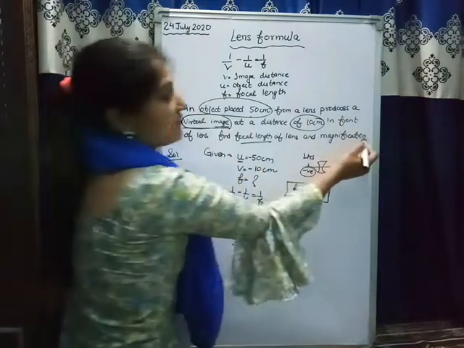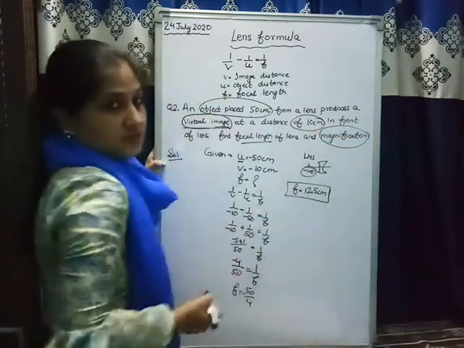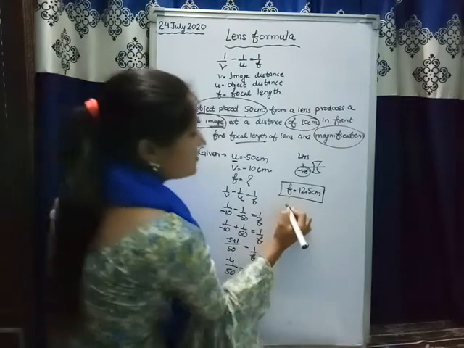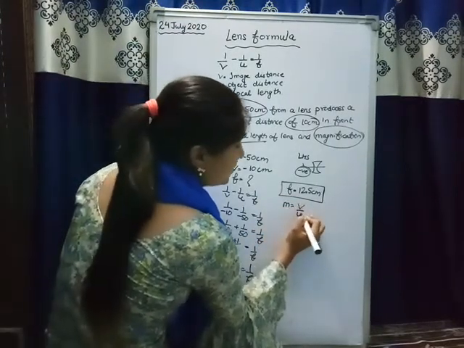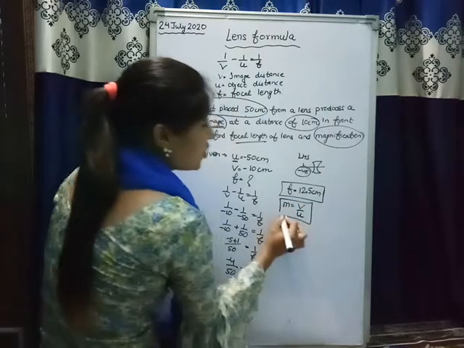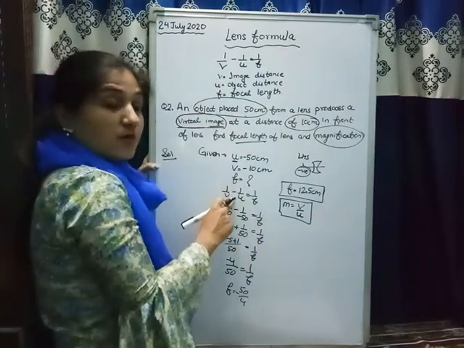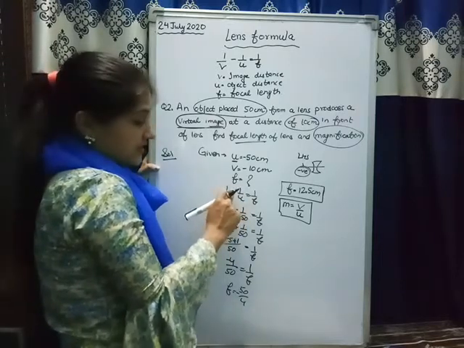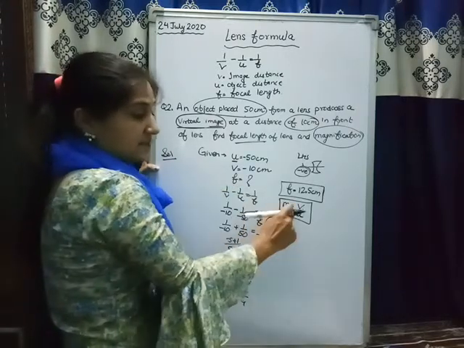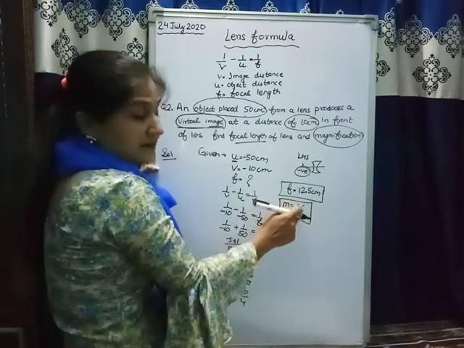Now we have to find the magnification. So what is the formula for magnification? Magnification is V upon U. Always keep in mind that in the lens formula it is 1 upon V minus 1 upon U, and in magnification it is in plus form.